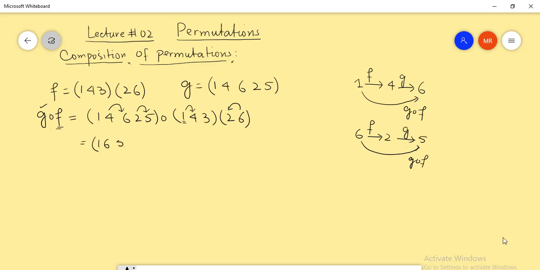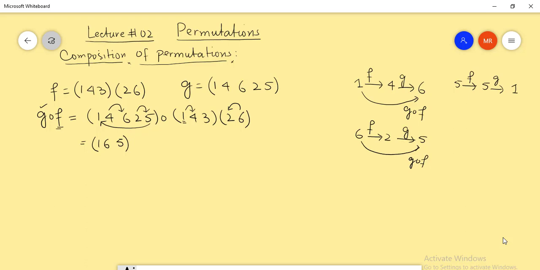Next we start with 5. We see that 5 is not present in permutation F, and hence 5 is fixed by F. And then we find the image of 5 under G. 5 is mapped onto 1 by G, and thus it completes our first cycle.